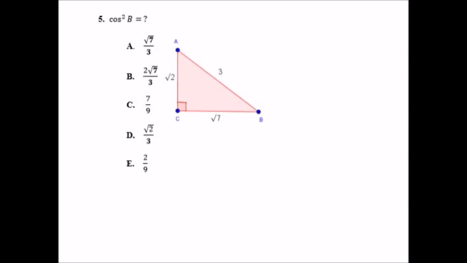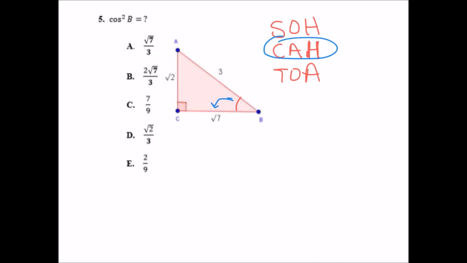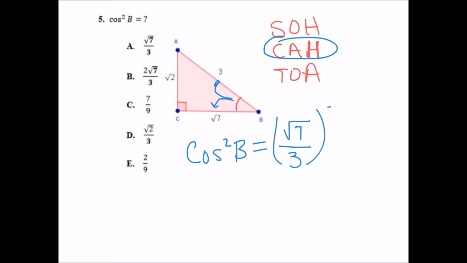Question 5 asked, what is the cosine squared of B? B is right here. And remember, SOHCAHTOA, in this case we're talking about the cosine. Cosine is the adjacent over the hypotenuse. This is the adjacent, radical 7, over the hypotenuse, 3. So the cosine squared of B equals radical 7 over 3, and that entire quantity squared.